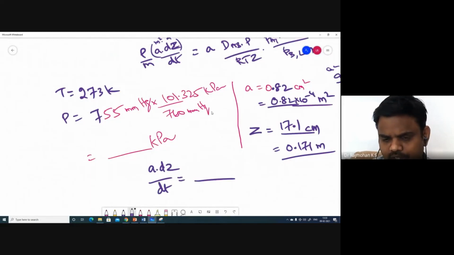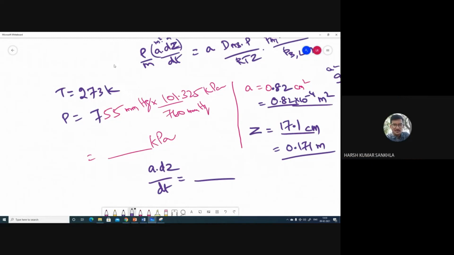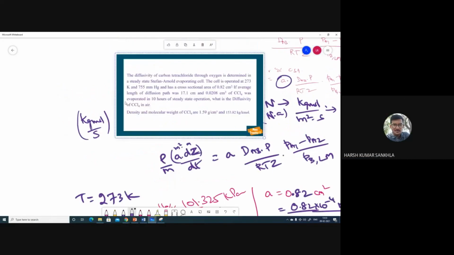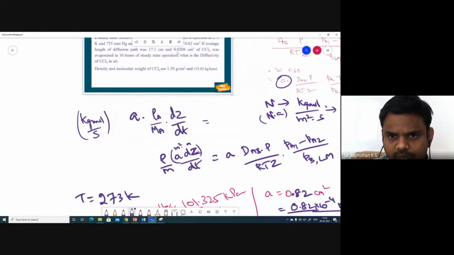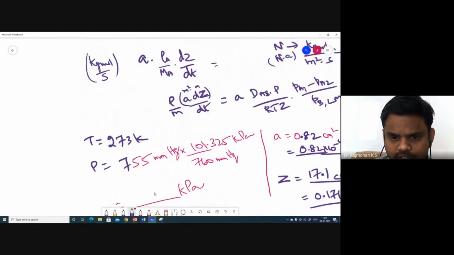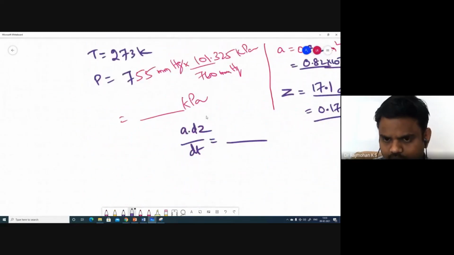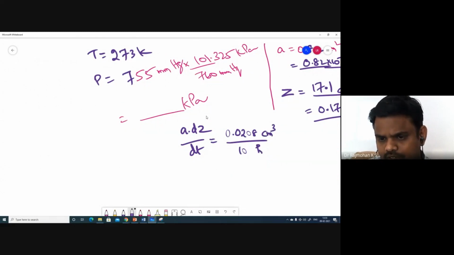How much time? 10 hours time, and 0.0208 centimeter cube in 10 hours, right?